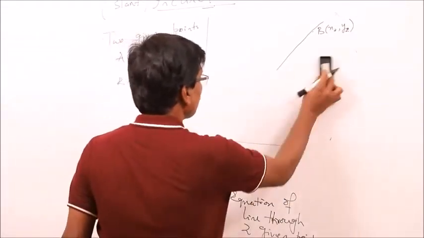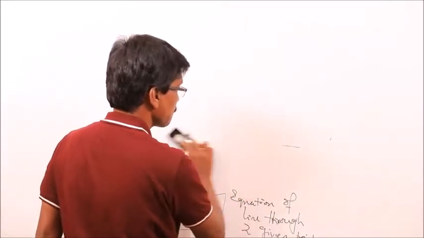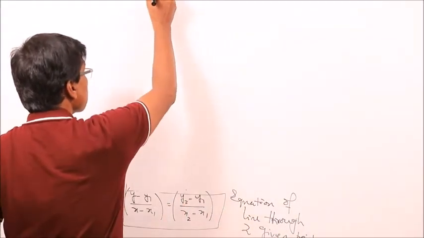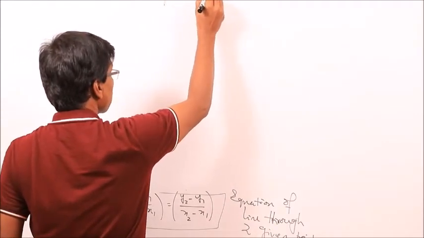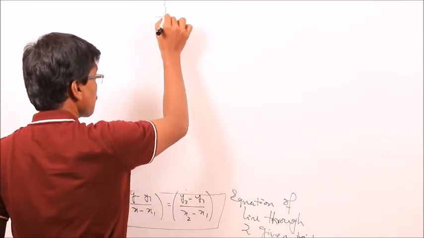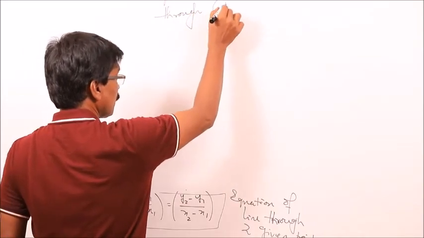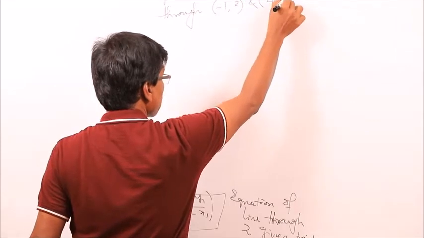So, we can take an example. Say, equation of line through minus 1, 2 and 4, 5.